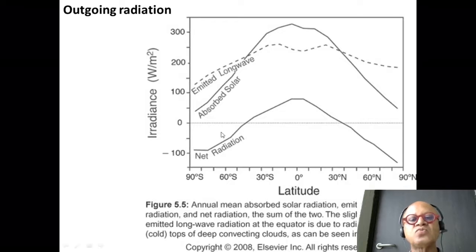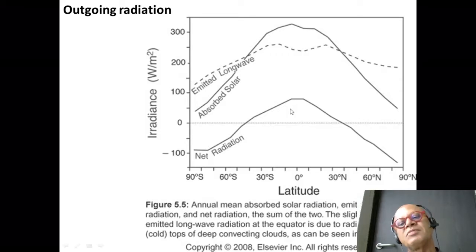Okay, so what does that mean? If there is a net energy gain in some latitudes, then it should get warmer and warmer and warmer. And if there is a net energy loss, then they should get colder and colder. Obviously, this doesn't happen. Even though there is a contrast, and the poles are colder than the deep tropics, they don't keep warming and cooling respectively.